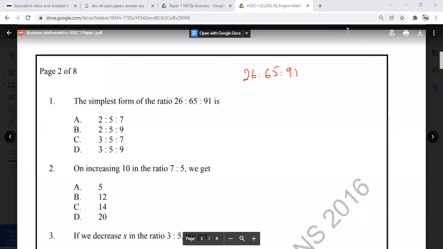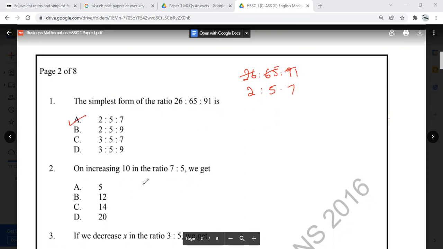If you divide all of these numbers by 13, basically 13 2s is 26, 13 5s is 65, and 13 7s is 91. Therefore, A would be the answer over here.